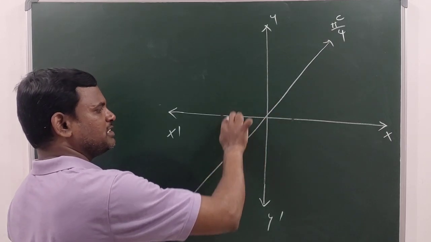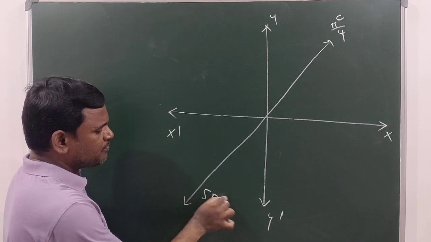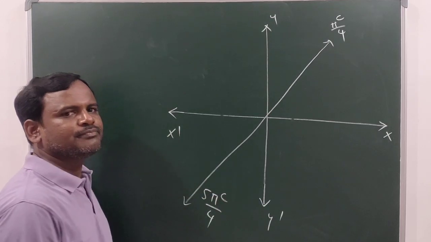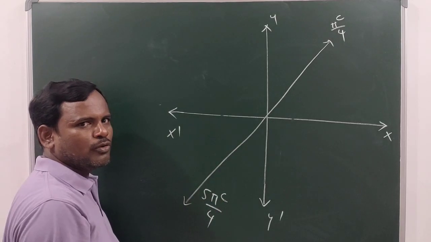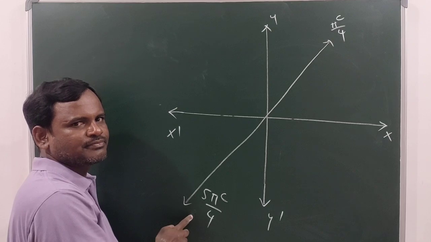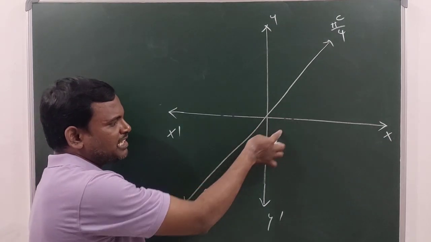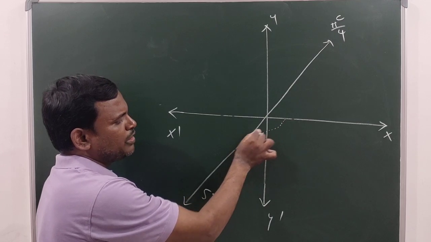And what about this angle? From here to here, measure this angle. How much do you get? 5 pi radians by 4. Okay, 5 pi radians by 4. If you measure in the anti-clockwise direction, 225 degrees. Suppose if you measure in the clockwise direction, how much do you get this angle?